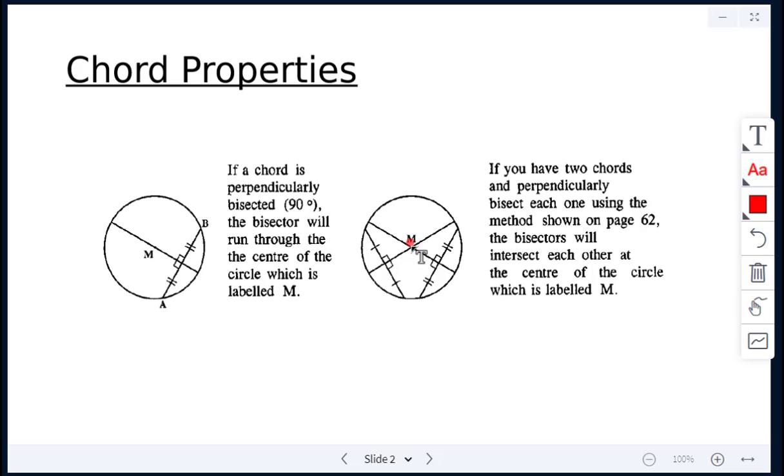So these two bisectors intersect at the center. Again, the center is labeled M. Note here, they do make those 90-degree angles. And when the chord gets bisected, they're cut right in half. So this half and this half are congruent. This half and this half are congruent.